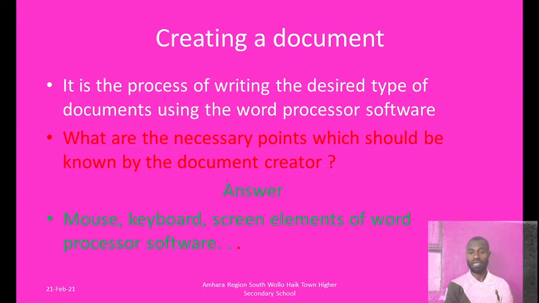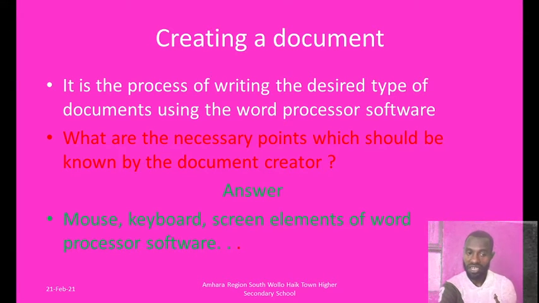Screen elements of word processor software with their functions is also another thing that we have to know in detail if you want to create a document using the Microsoft Word program.